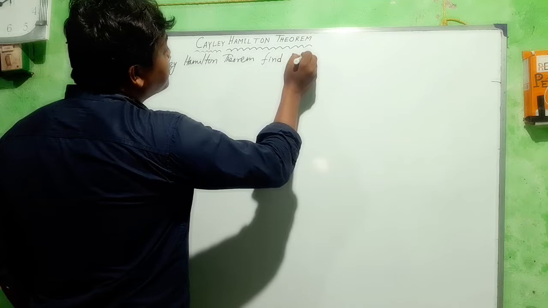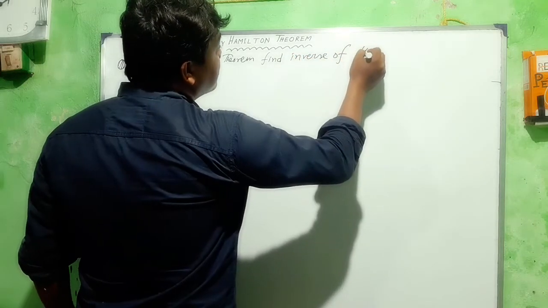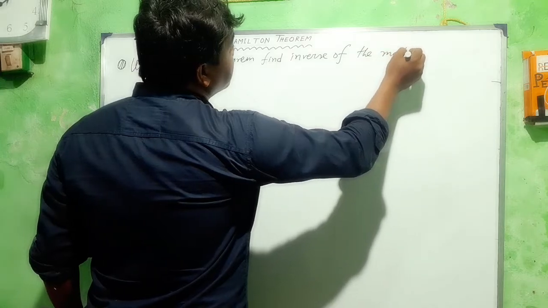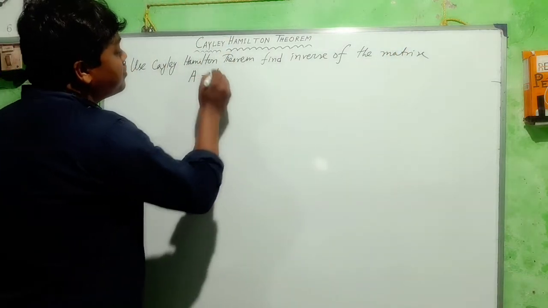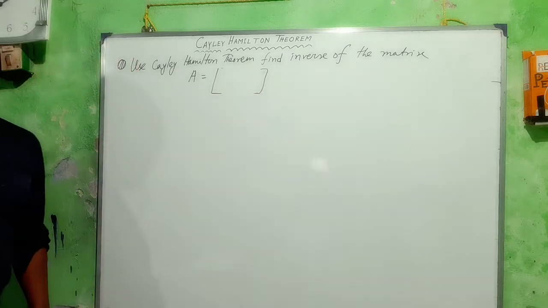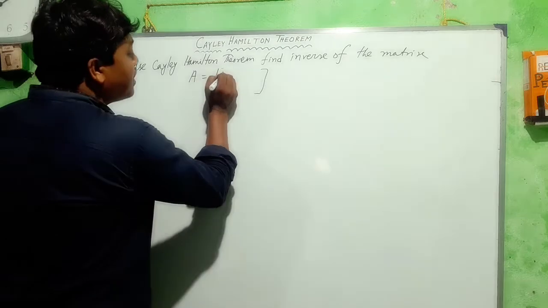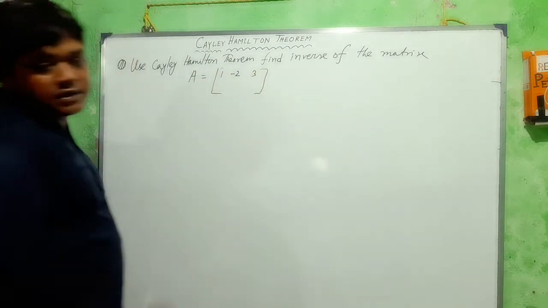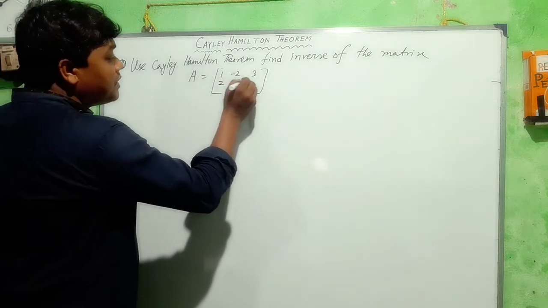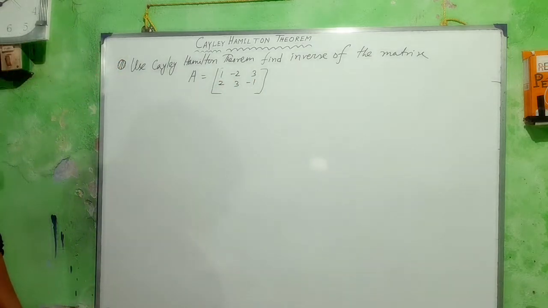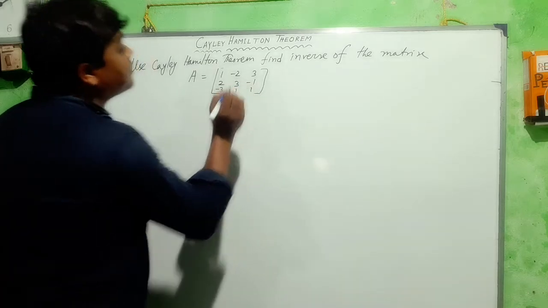Find inverse of the matrix. This A is given to you: 1 minus 2 3, 2 3 minus 1, and minus 3 1 1.